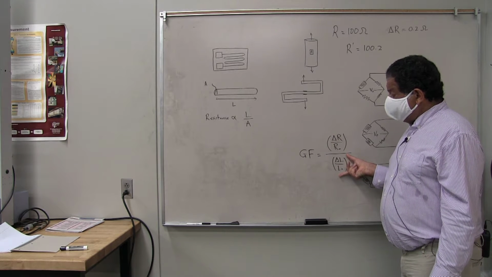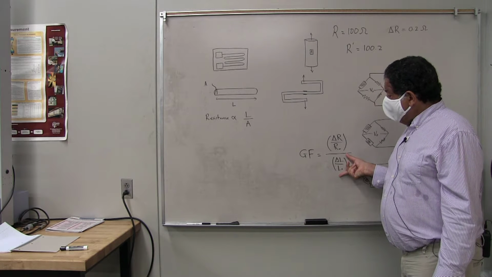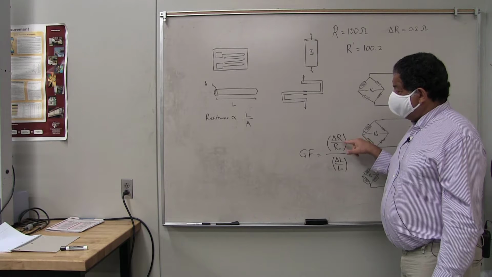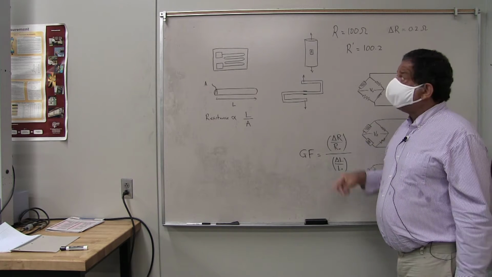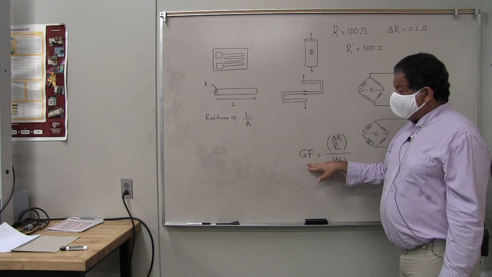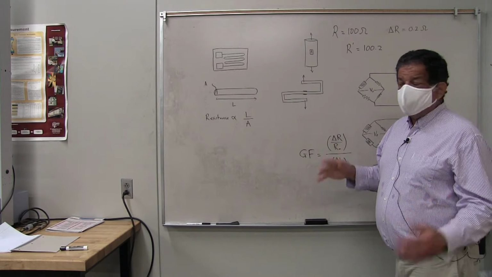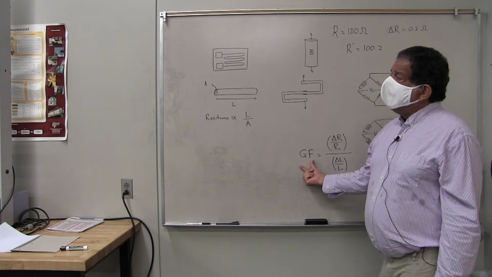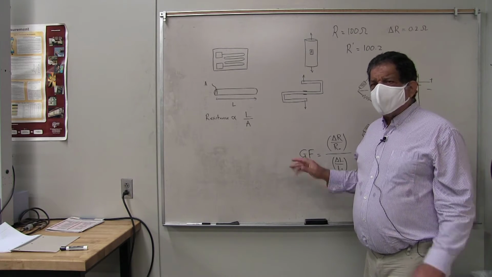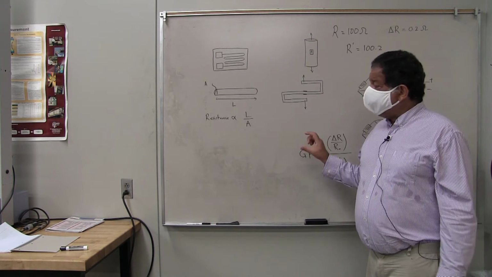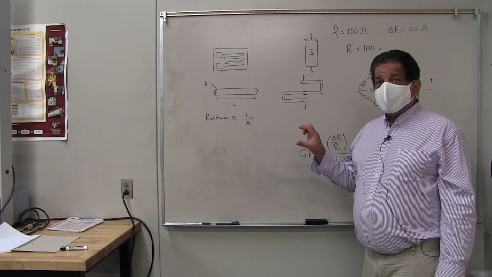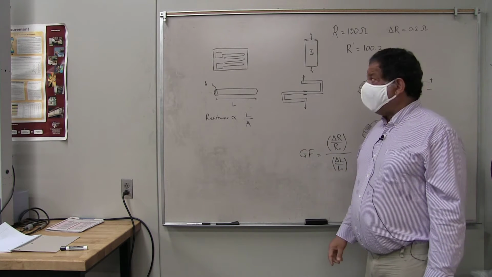So if I have a certain amount of change in the length of the material per original length, how much change in resistance do I get in the strain gauge? And these gauge factors typically are around 1, 2, depends on the design of the strain gauge. In this lab, most of our gauge factors are somewhere around 2. And when you buy a package of strain gauges, it comes with a little calibration sheet that tells you exactly what that gauge factor is.